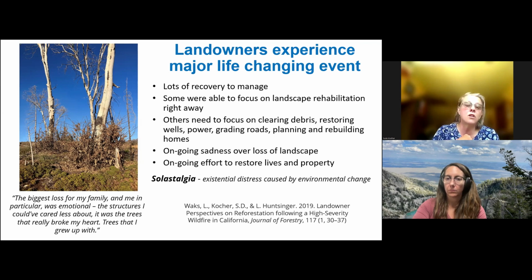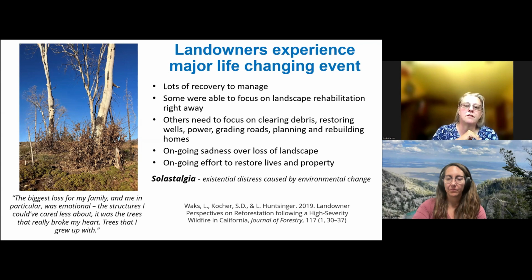Some people had lost homes, they'd lost equipment, and they needed really to be focusing on all sorts of things like clearing debris and restoring wells. Trees were not necessarily the number one thing that they had on their plate after a big event like this. There was a lot of emotional impact and effort to going forward with restoring lives. And people really thought about trees as part of that, restoring their pre-fire life, right?